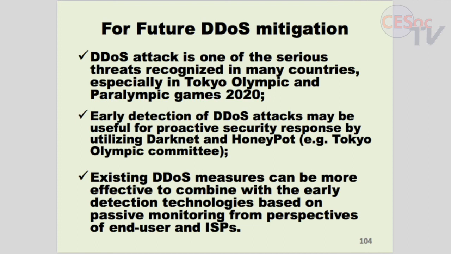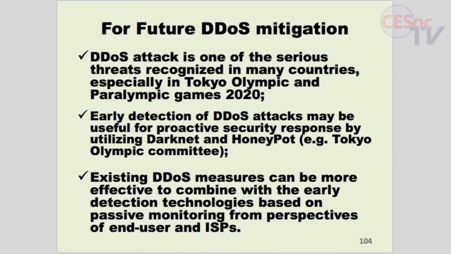In the case of the Tokyo Olympic Committee in 2016, we saw a lot of attacks sent to the committee's website, detected by the honeypot, not located in Japan, but located in Germany in this case. So existing DDoS countermeasures can be more effective when combined with early detection technology based on passive monitoring from the perspective of end user and ISP.